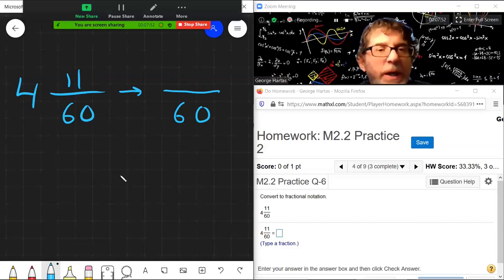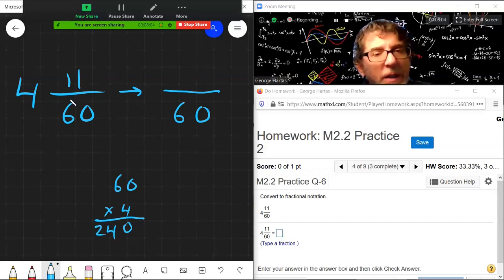Now, if you don't know that, you could do it the long way. 4 times 0 is 0. 4 times 6 is 24. See that? Because this is a 0, we know anything times 0 is 0, so I just multiplied the non-zero digits. Anyway, multiplying this gives us 240.